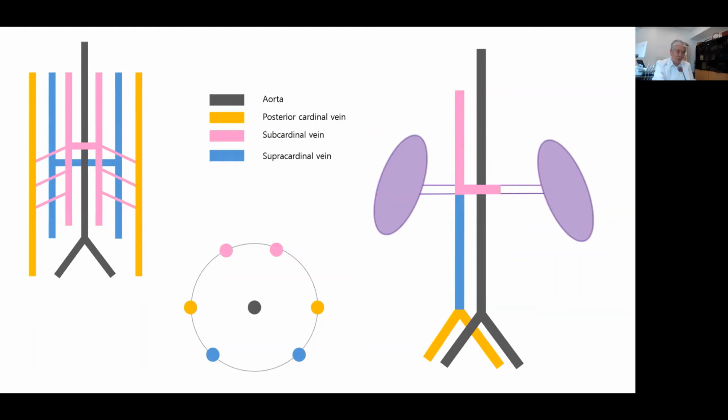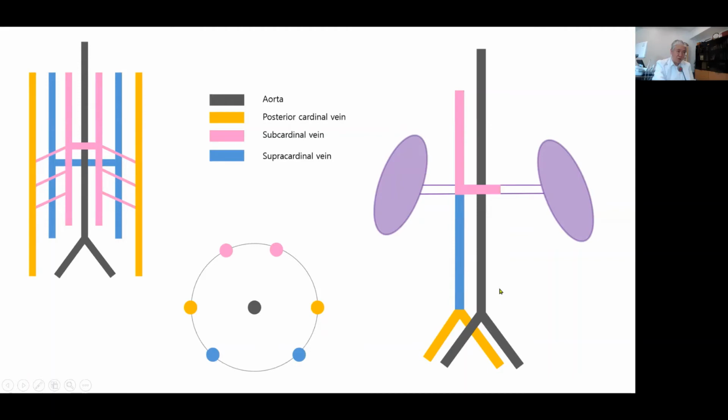In the 5th week, the pink-colored subcardinal veins develop anterior and medial to the yellow-colored posterior cardinal veins and drain the developing mesonephros. In the 6th week, the blue-colored supracardinal veins develop posteriorly and drain the body wall through intercostal veins.